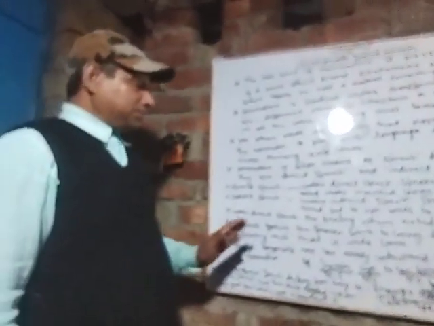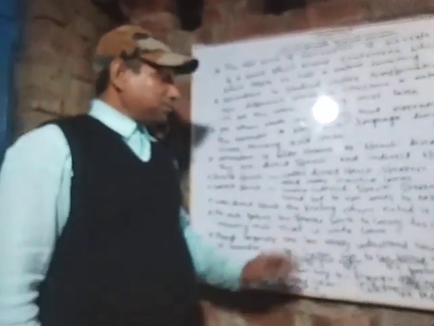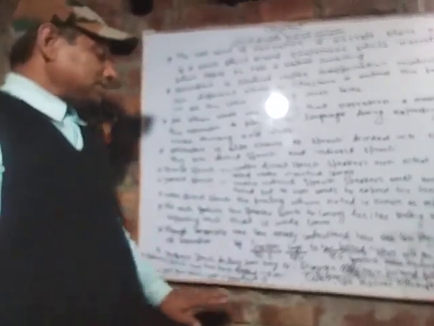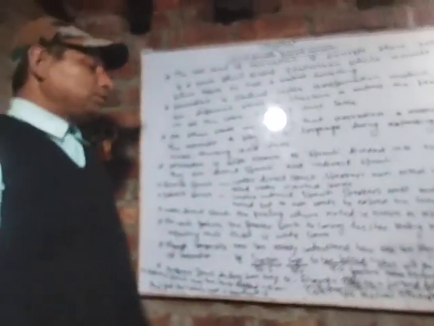Under indirect speech, a complex sentence has two parts: the first known as the principal clause, the second as the subordinate clause.